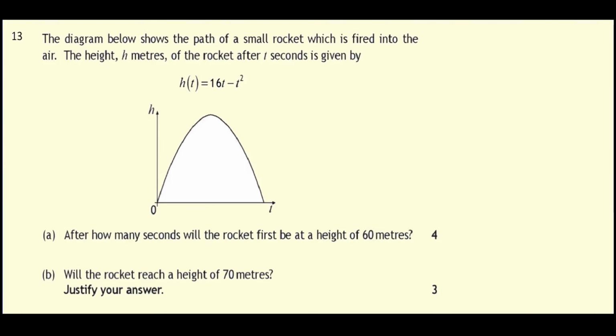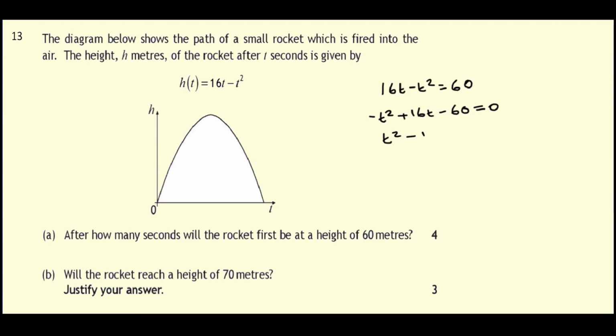Okay, so question 13 presents us with a parabola question. So the first thing is asking me, when will the rocket first be at a height of 60 metres? Well, the formula then is that 16t minus t squared is the height, so that would be the 60. Okay, so we rearrange that, it's minus t squared plus 16t minus 60 is equal to 0, so multiply through by negative, that's t squared minus 16t plus 60 equals 0.